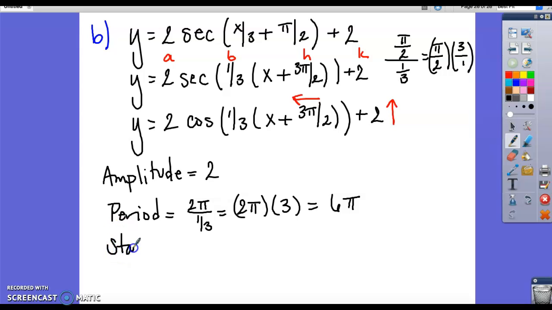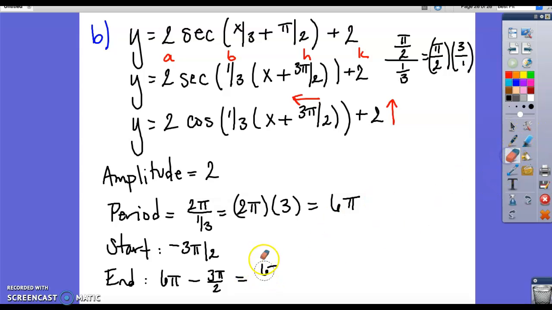I am going to start, right? I'm shifting left 3 pi over 2 units, so instead of starting at 0, I'm going to shift to negative 3 pi over 2. And to figure out where that first period ends, I'm going to take my period and shift that over 3 pi over 2 units.